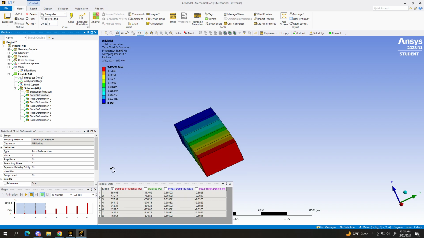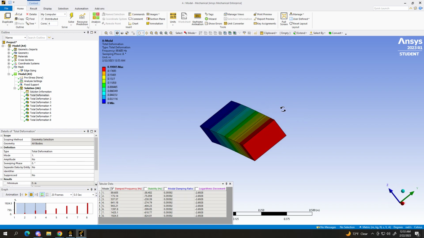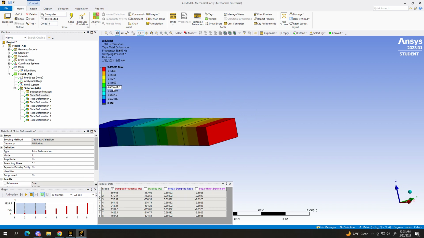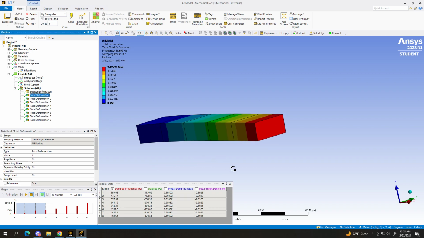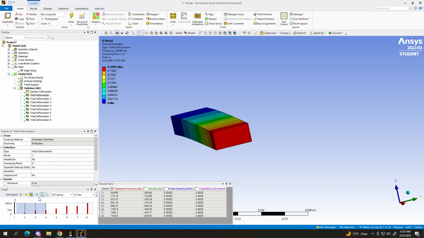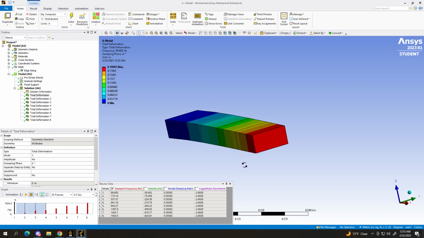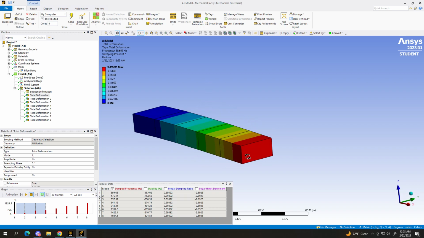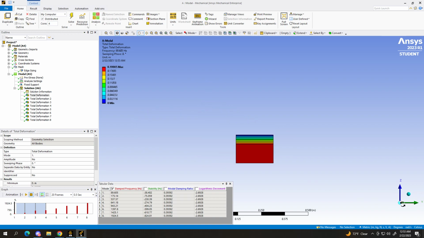So yeah, that's how I analyzed this beam, which, as you notice, the amplitude of deflection is much higher for this mode of deflection because of the nature of the cross section, it being much wider, allowing it to bend up and down much more this way than it can this way because it's much thicker.